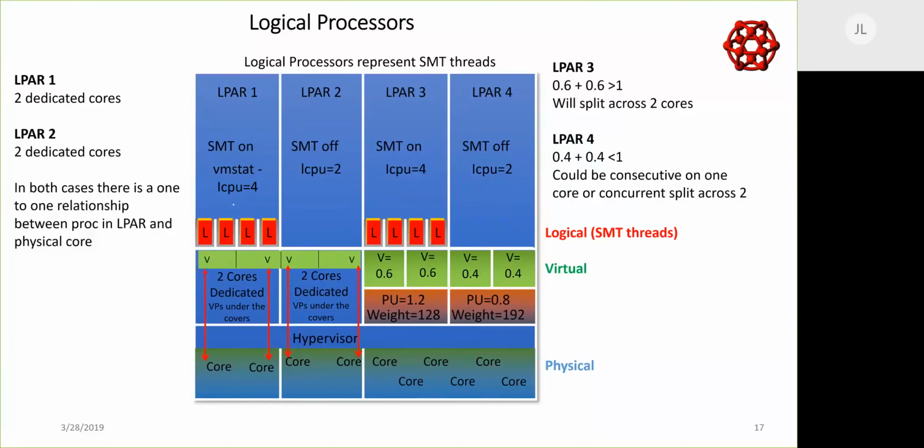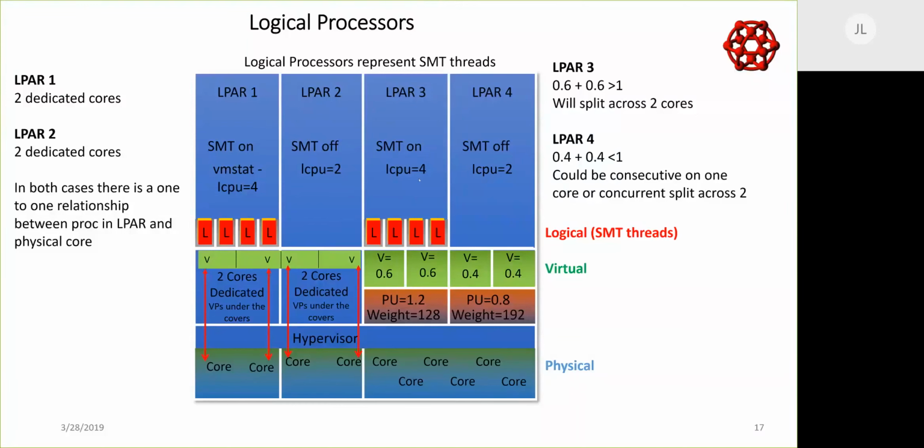I have 2 cores assigned to it, so I gave it an entitlement of 2 with 2 virtual processors, or real processors in this case. Under the covers, even when you're dedicated cores, there are virtual processors. The difference in the dedicated world is that each virtual processor has a one-to-one relationship with a core. So when that LPAR is brought up, each virtual processor, which will show as proc 0, proc 2, etc., will have a one-to-one relationship with that core for the whole time it's up. So whenever that virtual processor gets dispatched, it goes to the same core.